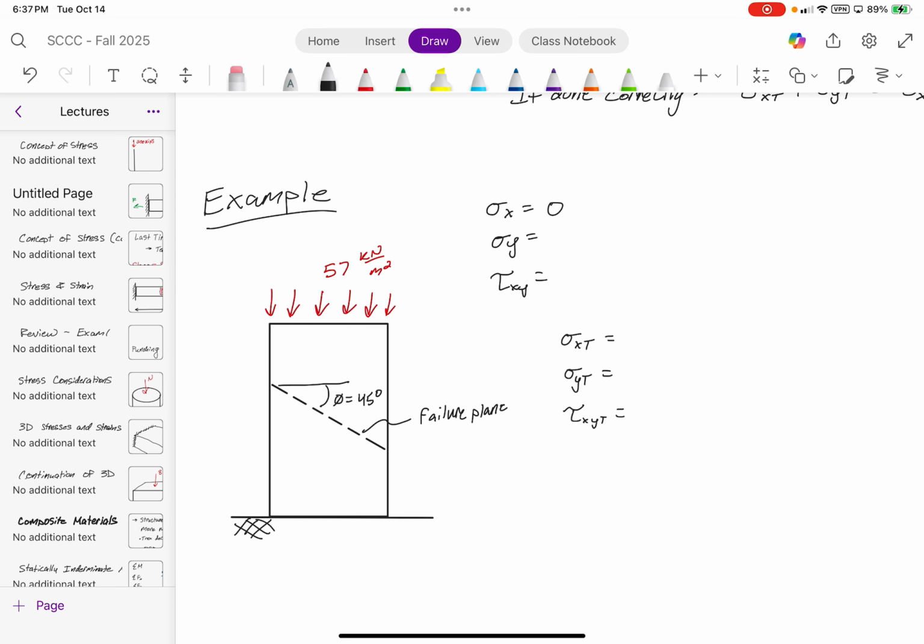What is the applied stress in the Y direction? 57 kilonewtons per meter squared. Positive or negative? Negative. Keep track of the signs. And then the applied shear stress? Is there an applied shear stress on this problem? The answer is no.